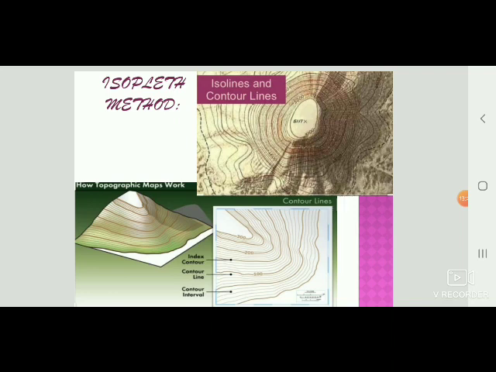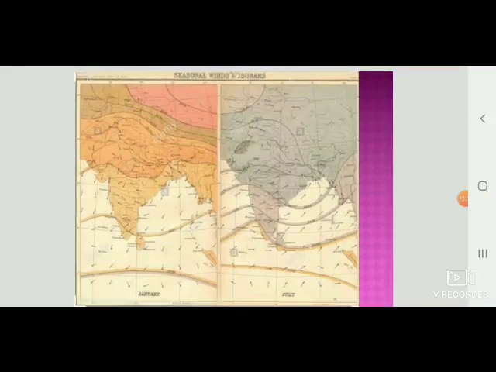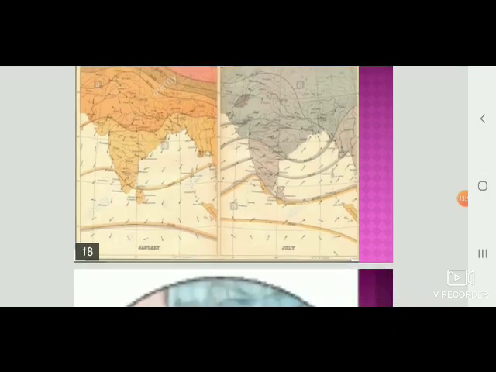Given in the slides in front of you, we have the contour lines and the isolines that you have already studied in the previous classes. The contour lines seen in the map of India showing the winds across India.